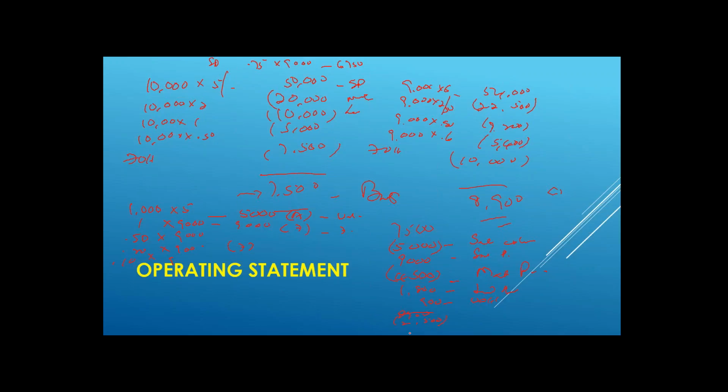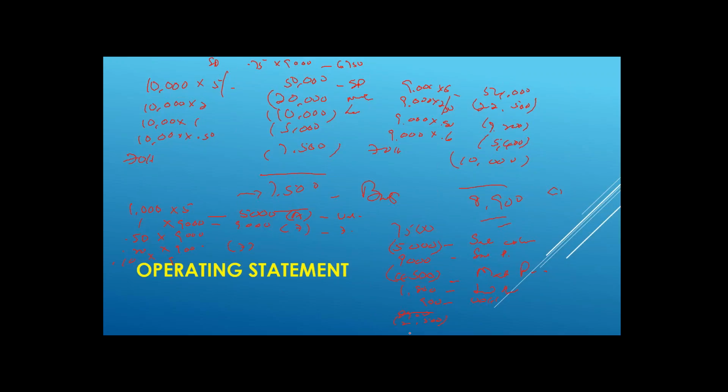Now you can see, if you add up all this, starting from the budget 7,500, we have a minus 5,000, which is the sales volume variance. We have a plus 9,000, which is the sales price variance. We have a minus 4,500, which is the material price variance.